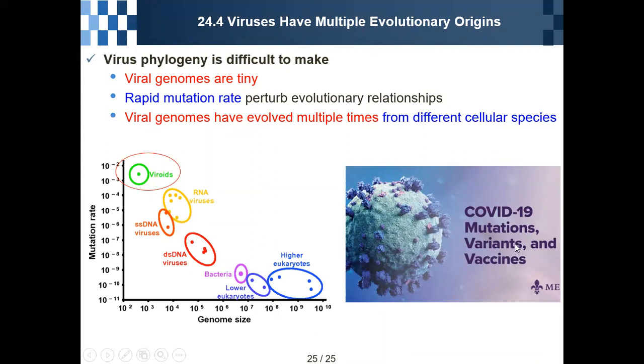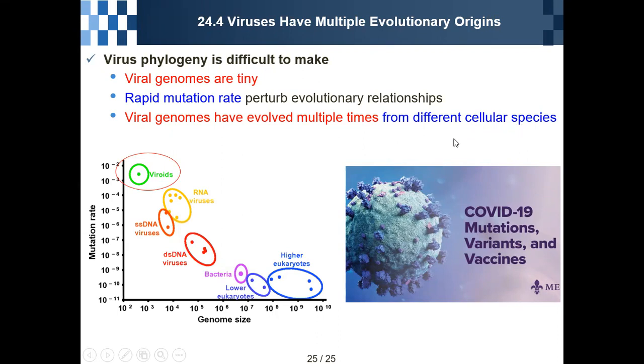That's why COVID-19 mutated very frequently, so it is very difficult to make a vaccine. And also viral genomes can evolve multiple times from different cellular species.